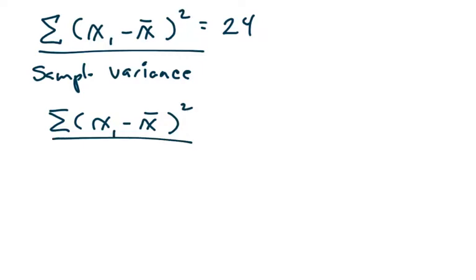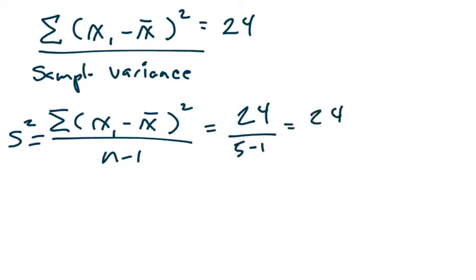Okay. Sample variance is S squared, okay? You'll see why it's S in a second. In this case, this is 24 over n minus 1. So what was our n? 1, 2, 3, 4, 5. 5 minus 1.